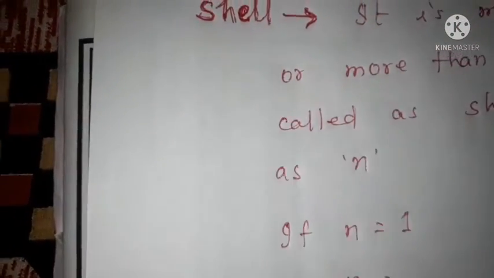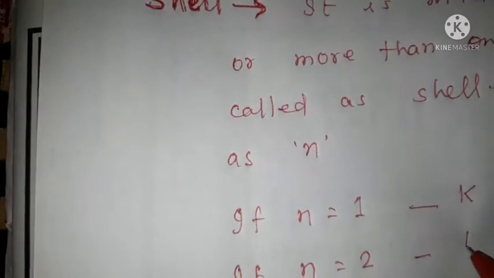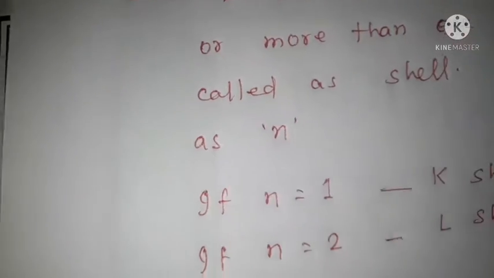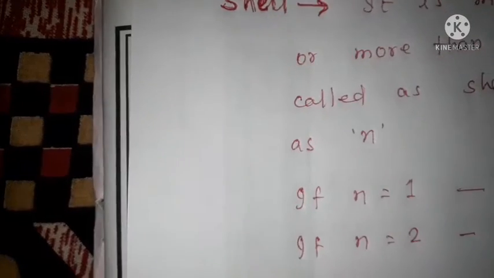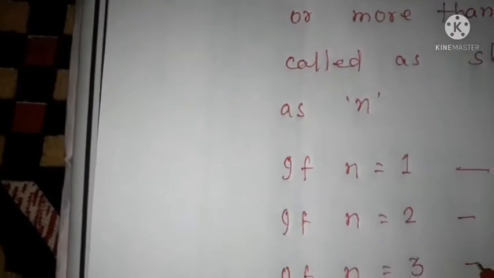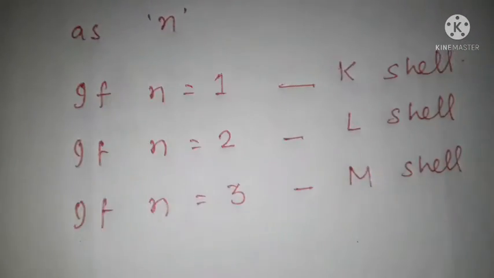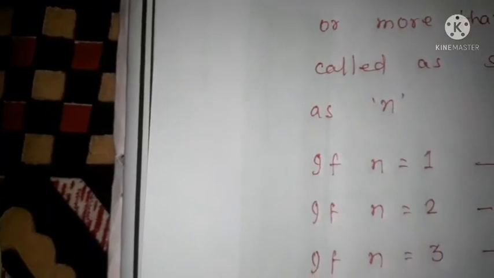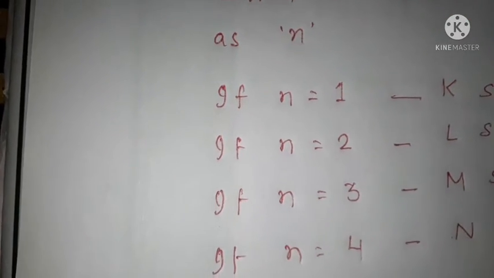If n is equal to 2, that means L cell, and if n is equal to 3, that means M cell. Last one, if n is equal to 4, that means N cell.